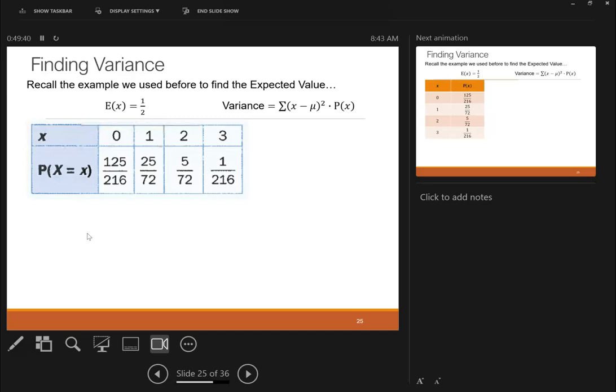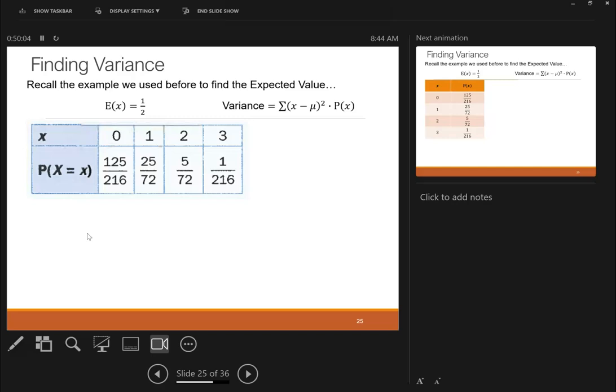Again, this is rolling a dice 3 times and counting how many 6s we get. That was this random variable. So this is my formula for variance. Since there are 4 outcomes, I'm going to be adding up 4 things in my sum for variance.